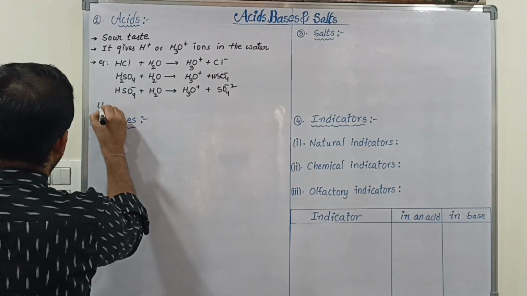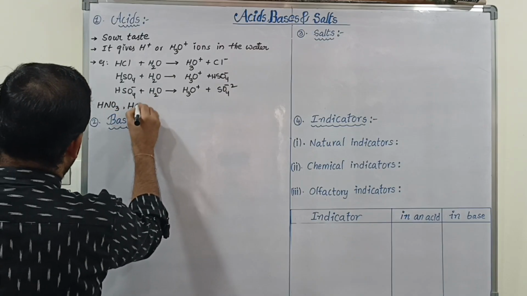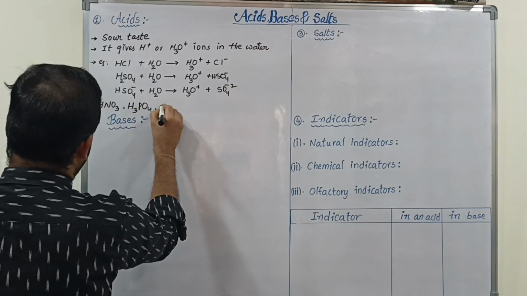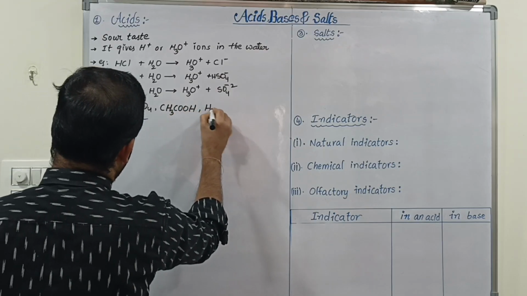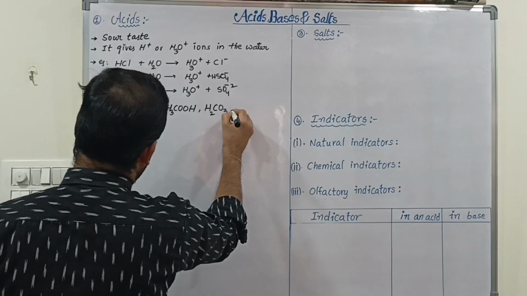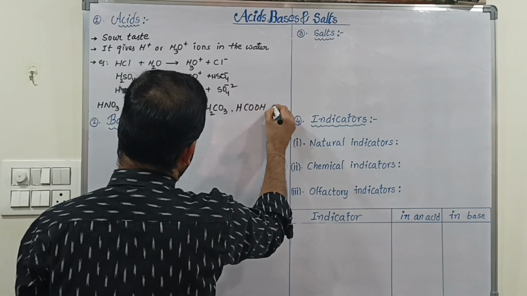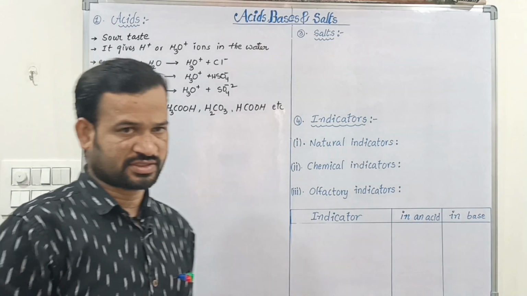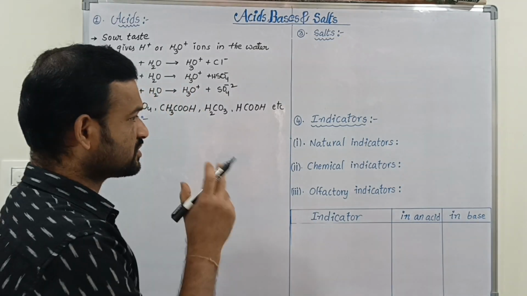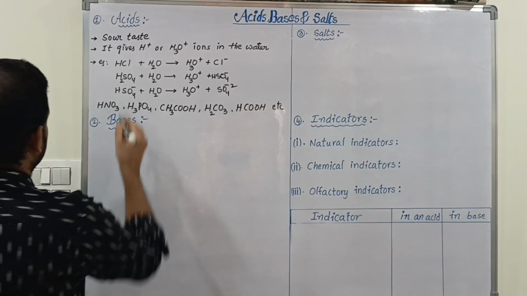Some of the acids we have are HNO3 nitric acid, H3PO4 phosphoric acid, acetic acid CH3COOH, carbonic acid H2CO3, formic acid HCOOH, etc. These are some examples of acids. What are the strong acids here?